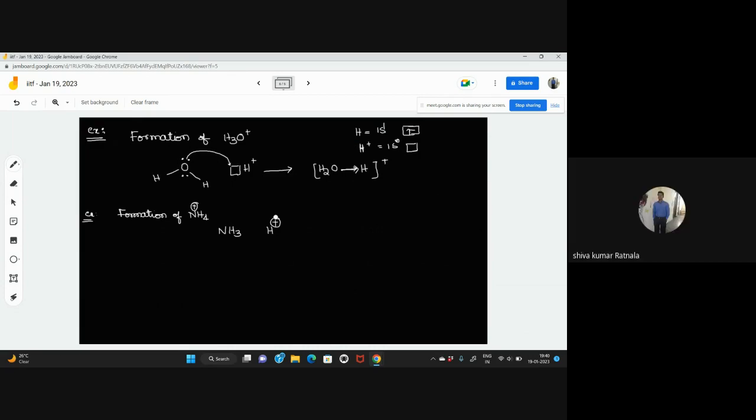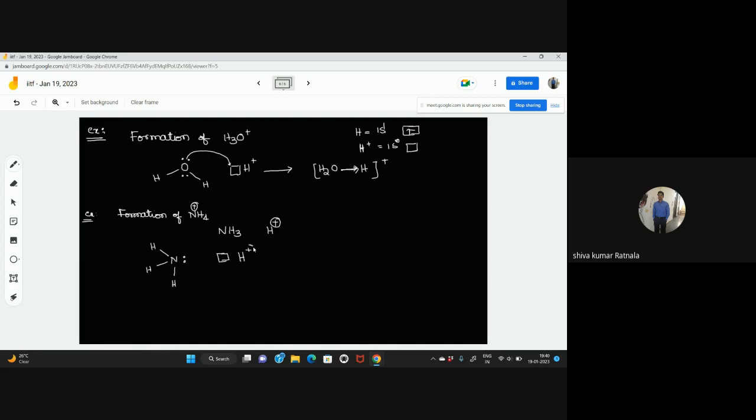Nitrogen has one lone pair and three hydrogens. H plus has a vacant orbital.